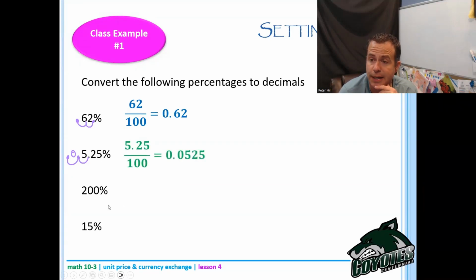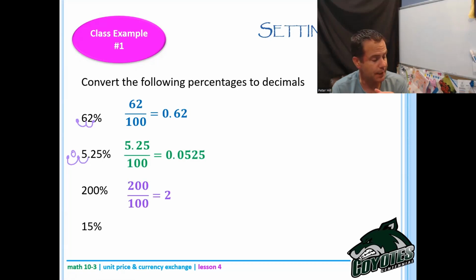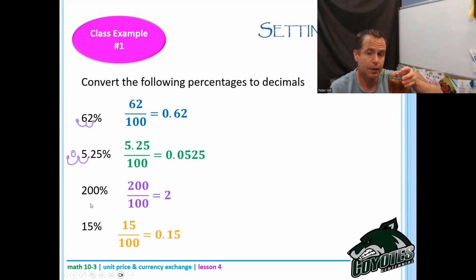Okay, 200%. Again, that's 200 divided by 100. That's 2. And then 15%, that'd be 15 divided by 100, or move your decimal place back twice, and we get 0.15. Awesome.